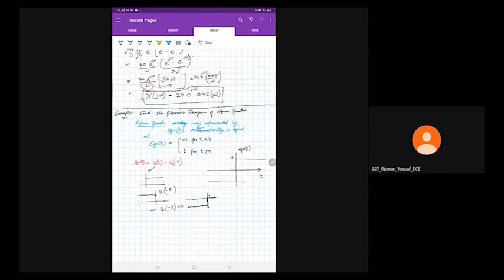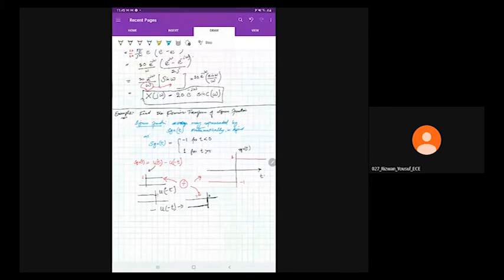Yes, sir. Okay. So if we combine these two functions, अगर हम इन दोनों को ऐड करेंगे, इसको और इसको ऐड करेंगे, you will obtain a signum function. That is why I said that a signum function can be considered as a combination of two step functions, and especially unit step functions, because see, this is a unit step function. This is also a unit step function.